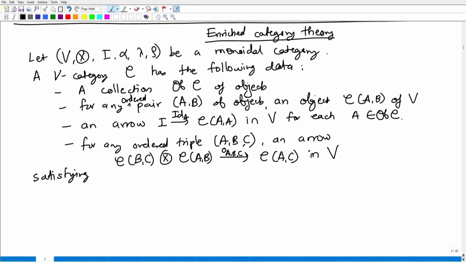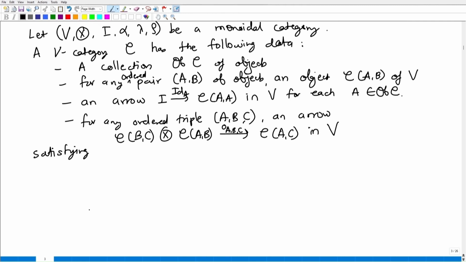And composition: you are given one morphism from A to B, another from B to C, and we get one morphism from A to C. Now it should satisfy certain properties: it should represent composition and identity.